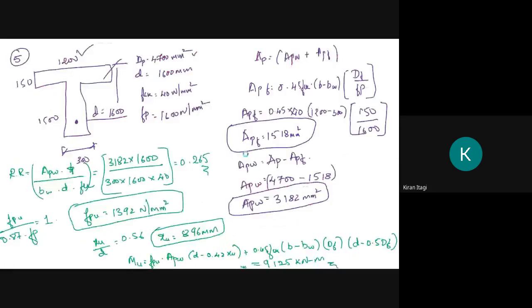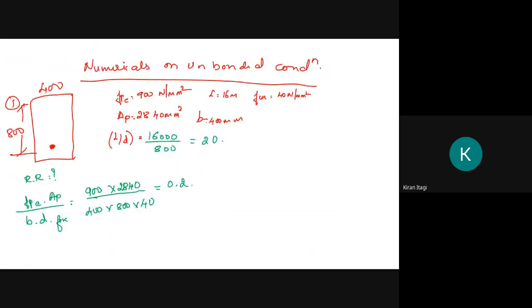So with respect to reinforcement ratio, I have got FPU upon FPE equals 1.16, and XU upon D is 0.58. Then how will you calculate FPU?